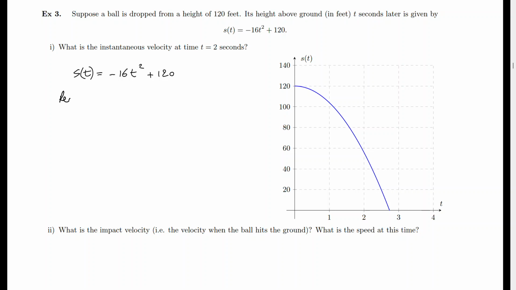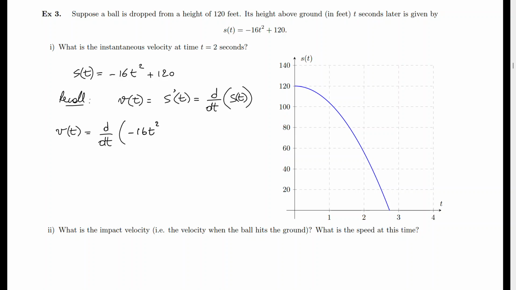Then I'm going to remember that if I want the velocity equation, then I'll have to just differentiate the s function, meaning take the derivative with respect to time of the s equation that you're given. So in this problem, the velocity is going to be equal to the derivative with respect to t of the equation negative 16t squared plus 120.